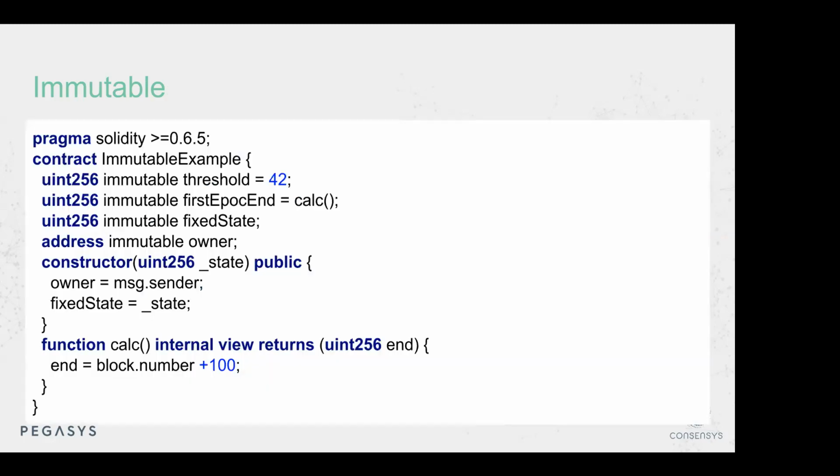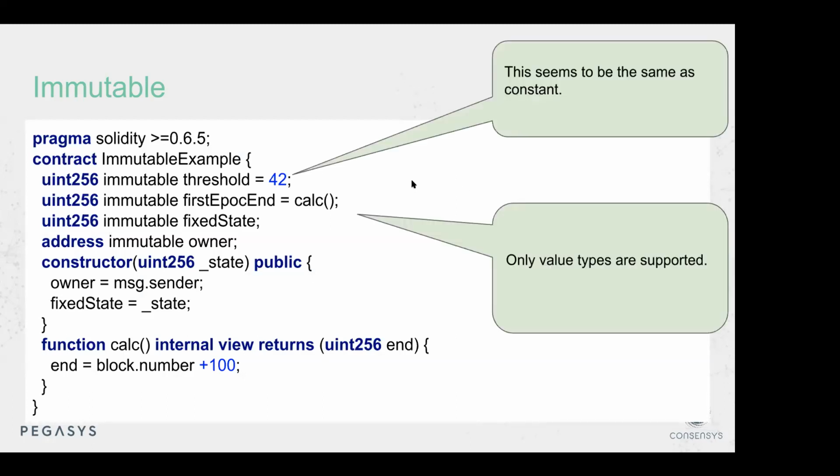And so this code shows an example of how to use it. For instance, you can be setting a constant value, so a threshold for it. And looking at that, that does seem to be the same as using a constant.